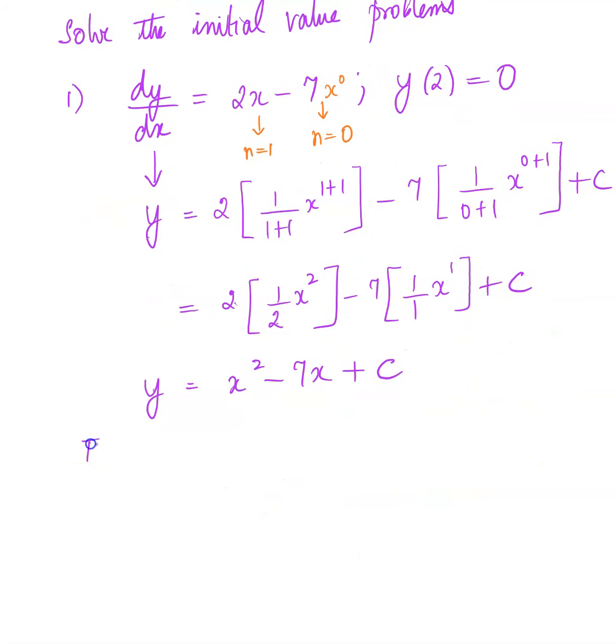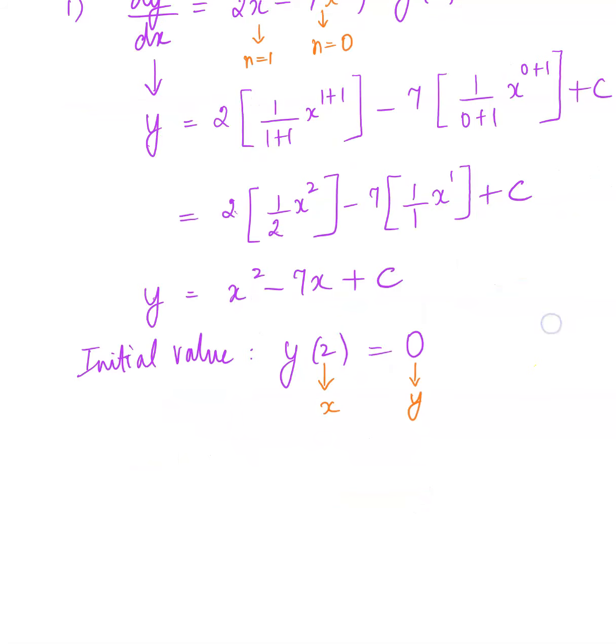Where an initial value says y of 2 is equal to 0, this simply means that the 2 is your x and the 0 is your y. So go ahead and plug that into this equation. So 0 equals 2 squared minus 7 times 2 plus c, all this to find c.